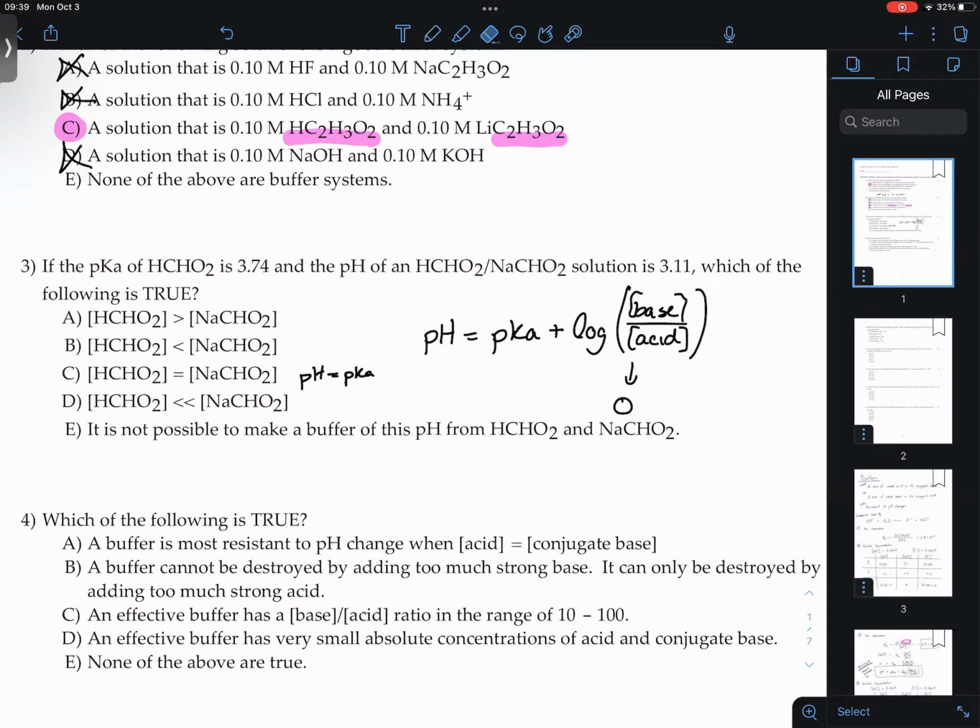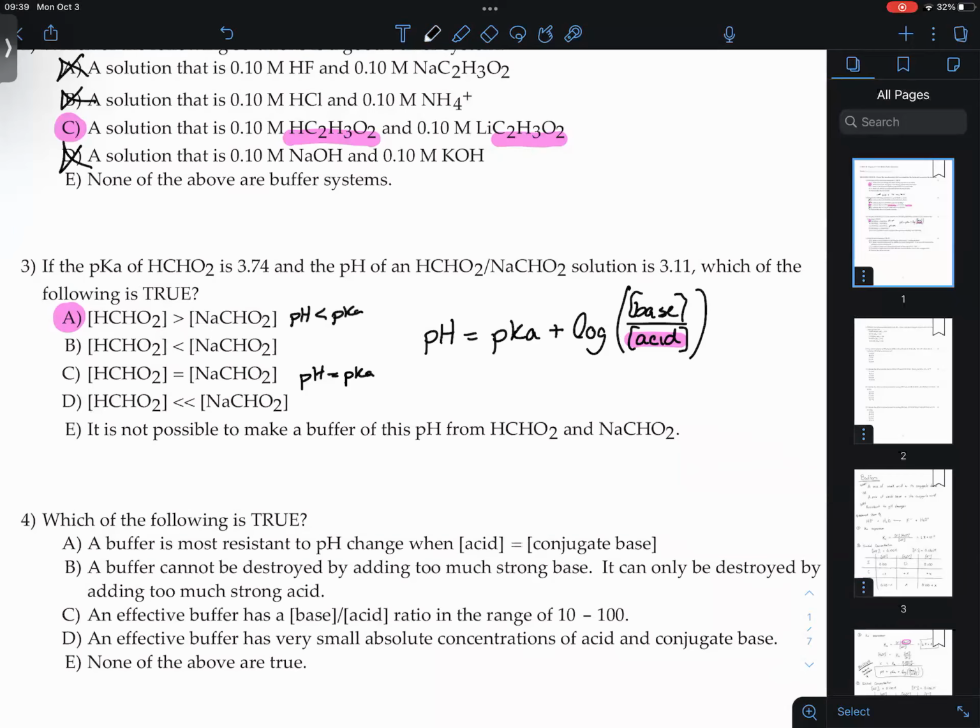And as we showed by plugging in numbers here, if the acid is greater than the base, as is the situation here, that's when the pH is going to be less than the pKa. Right? And so hopefully that makes sense. More acid means a lower pH, right? So this would be the pH less than the pKa.